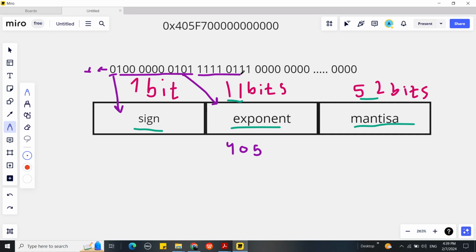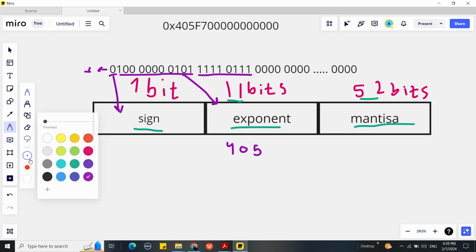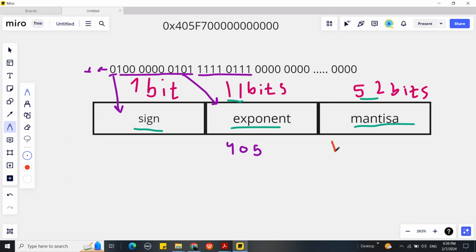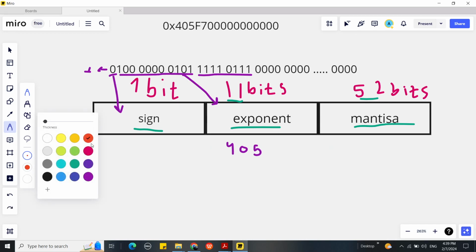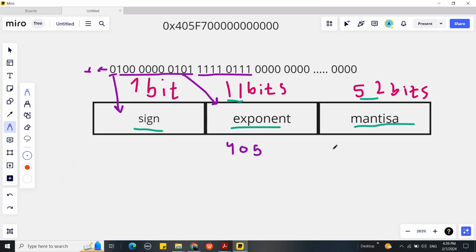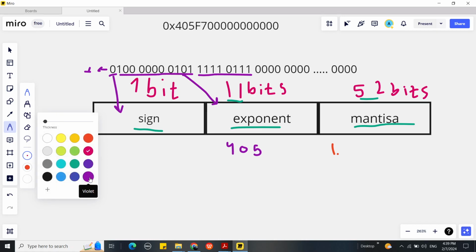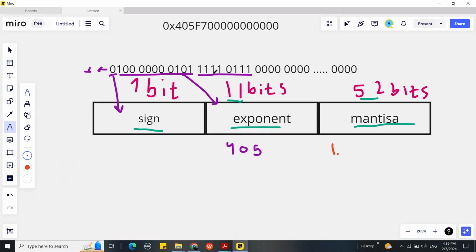So remember, we take this as our mantissa, and before we add it, we write, with red color, 1 point, and then you take all these numbers in a different color, let's say violet as well since our exponent is in violet: 1111 1111 0111.